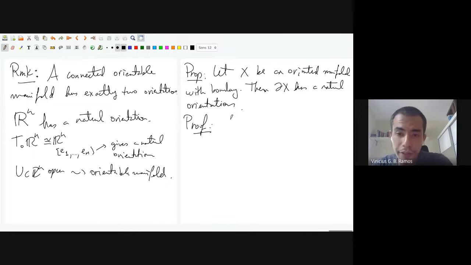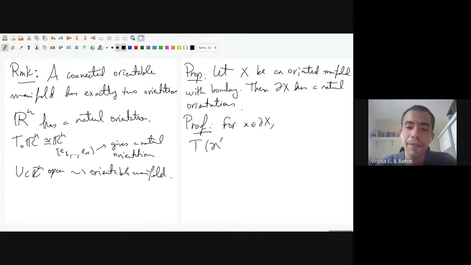We know that for a point on the boundary, the tangent space to the boundary is contained in here. Now, given an orientation of these guys, how do I get an orientation here?